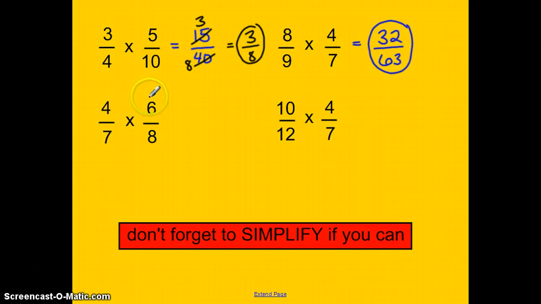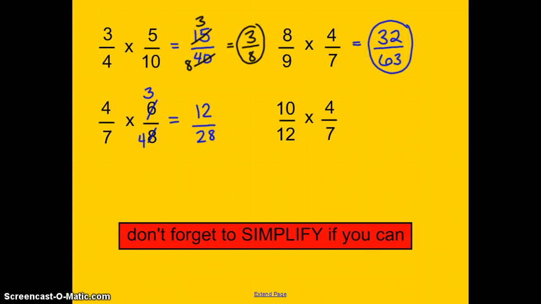Next, we'll look at 4/7 times 6/8. Something that you can do to make simplifying at the end a little bit easier is to try to simplify the individual fractions before you start. So 4/7 can't be simplified, but 6/8 can. 2 goes into 6 3 times, and 2 goes into 8 4 times. Now we'll multiply across. 4 times 3 is 12. 7 times 4 is 28.